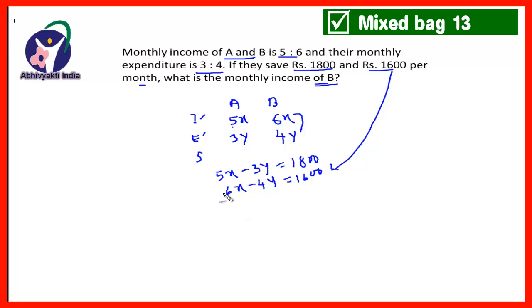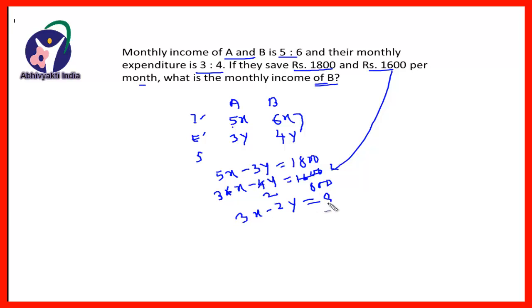If you divide the second equation by 2, you get 3x minus 2y is equal to 800. So this is equation number 1 and this is equation number 2.